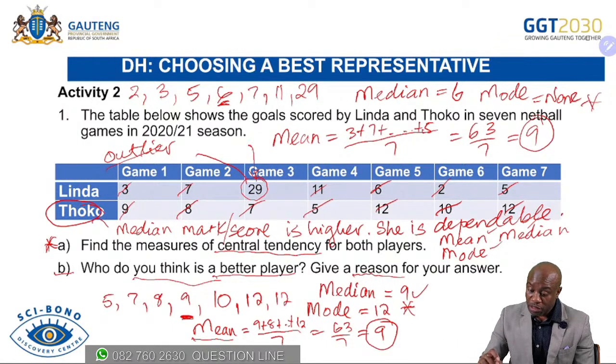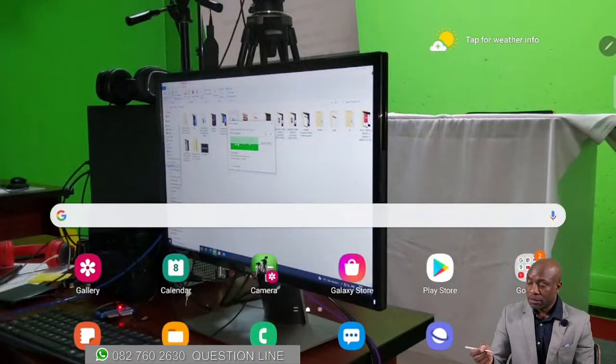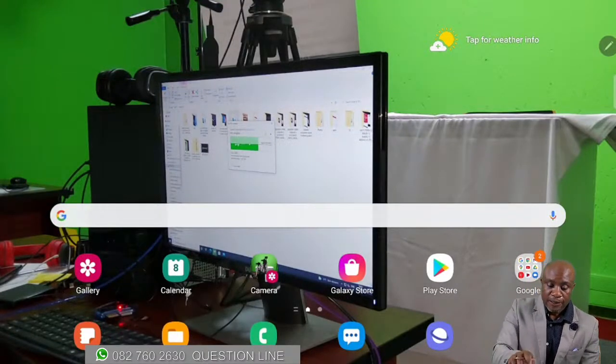If we do the average now of the 6, 34 divided by 6, you'll see her average is 5.6, so about 5 or 6 goals. But the average for Togo is actually 9. And that's how you answer that question. I hope you were satisfied with the answer.